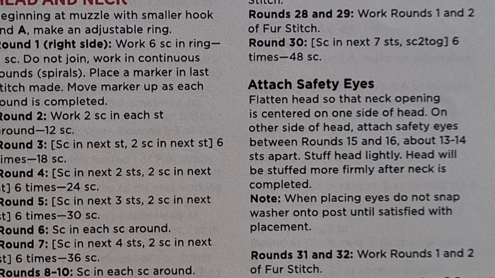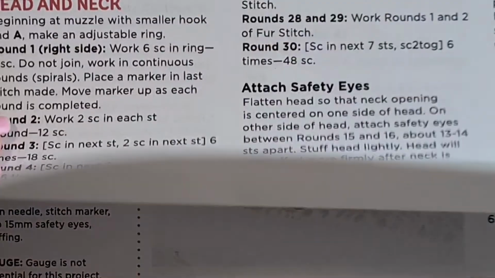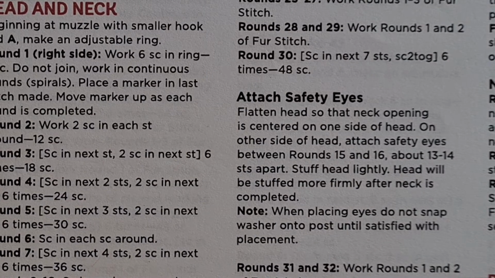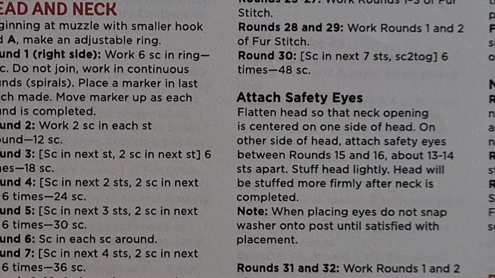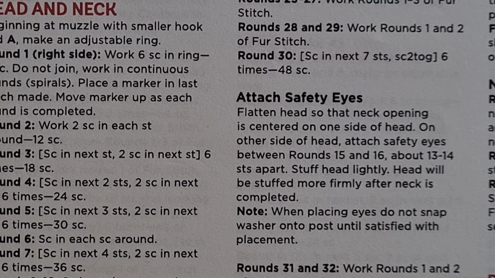If they're using particularly unusual stitches, as has this one, they'll actually give you a breakdown generally of how to stitch that. So it is a lot easier than you think.